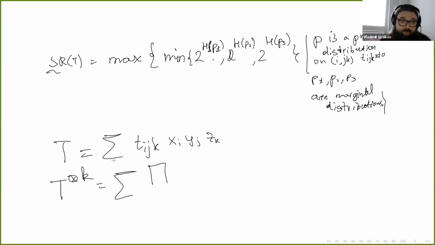We have some sequences of k indices, I, J, K, and here we have a product of T_{i_s j_s k_s}, s from 1 to k.